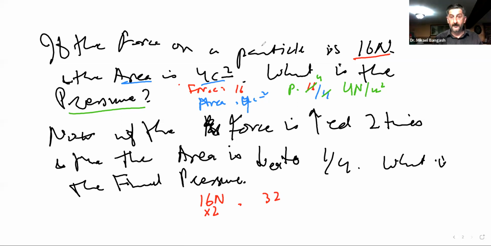Clear? We had an area of 4 centimeters square. Clear?